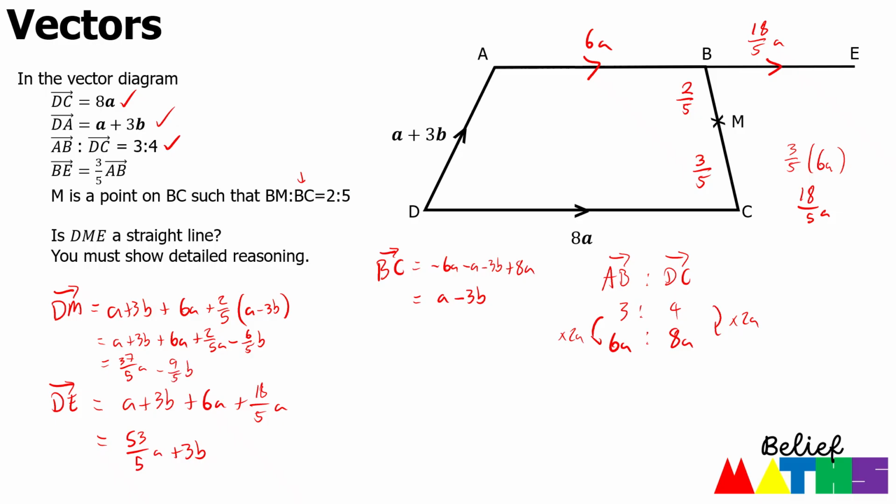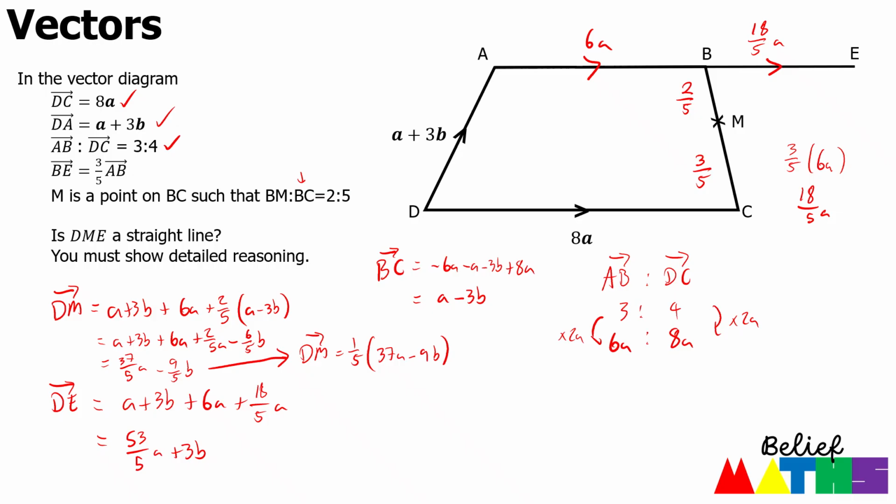Now we can see if we factorize, DM can be written as 1/5 times 37A minus 9B. And if we look at DE, we can see that they're not multiples of one another.